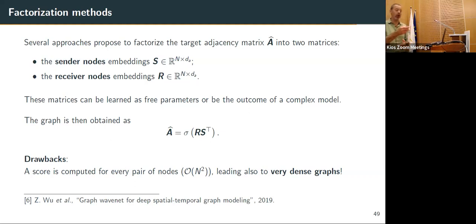And you learn these matrices. What you get, though, is a topology matrix, which on average is very dense. Being very dense is a plus, but is also a minus, because you also generate some spurious effects, and you don't want that.